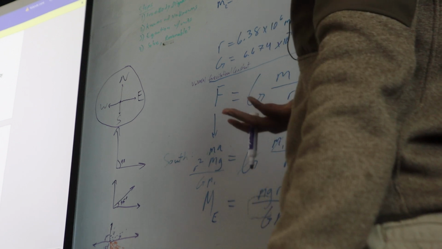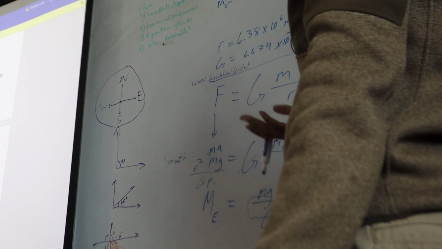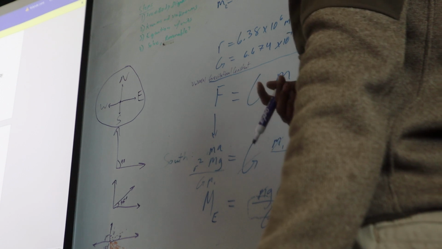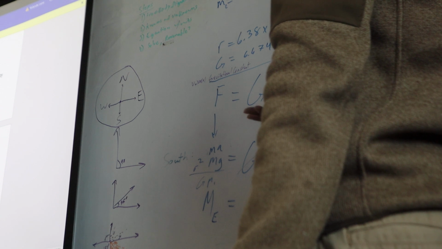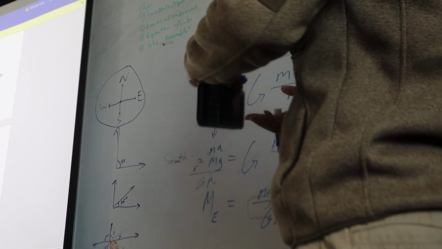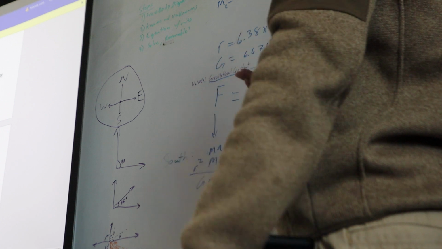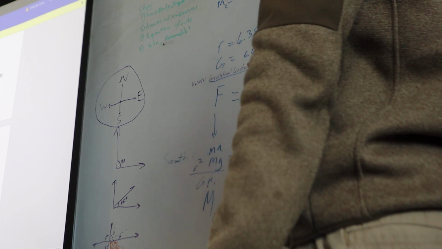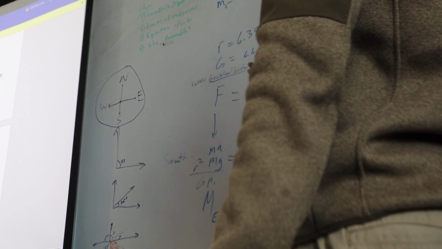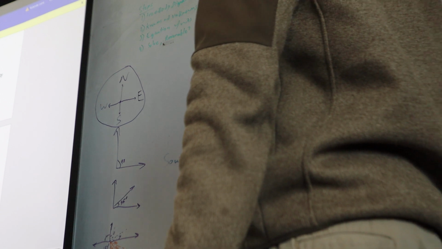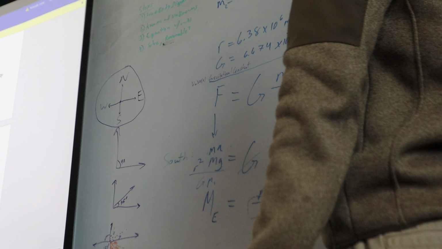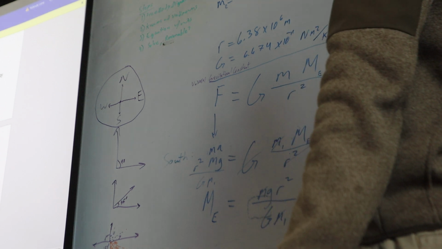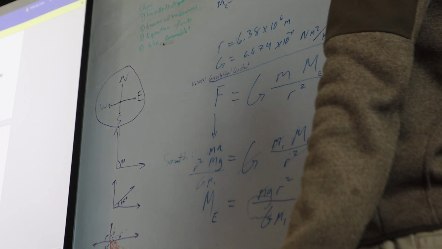That's the big question. What would that value be? We don't have a force that they're really explaining to us. So that's why we put it as mg. F, we know F equals ma.